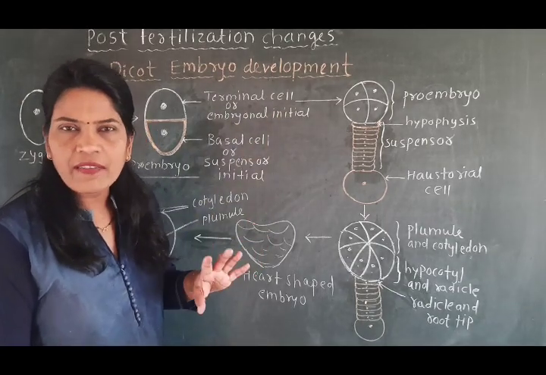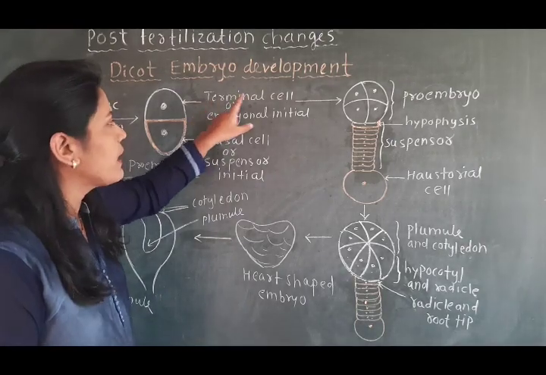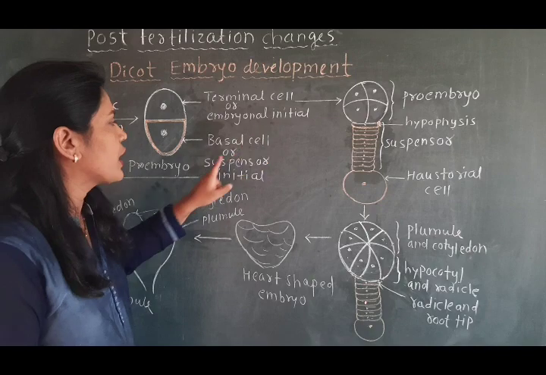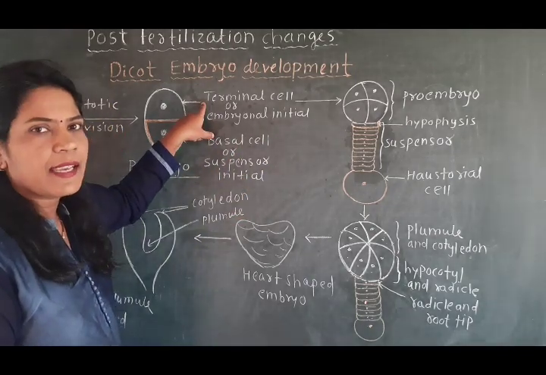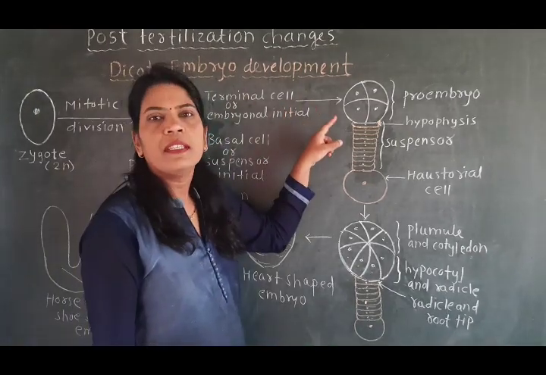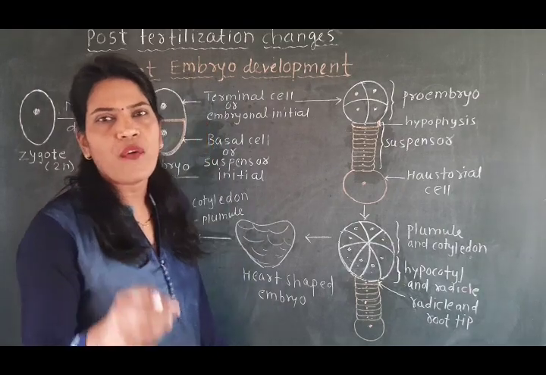For your convenience, keep in mind only one name. Either keep in mind terminal cell and basal cell, or keep in mind embryonal initial and suspensor initial.